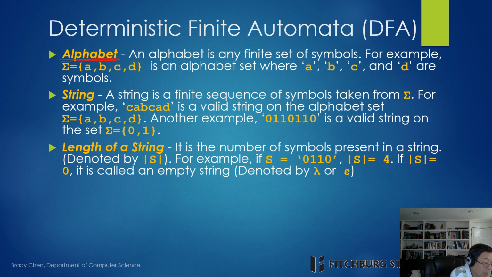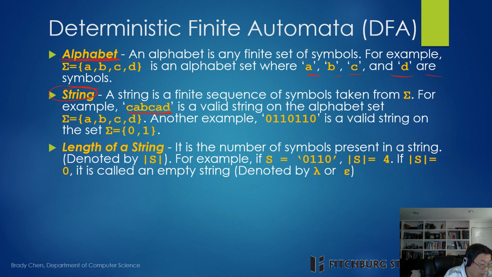In this case, sigma is A, B, C, and D, so these A, B, C, and D are symbols. Now the string could be, if the symbols are A, B, C, and D, C, A, B, C, A, D. Any combination of these symbols is a valid string on the alphabet set.